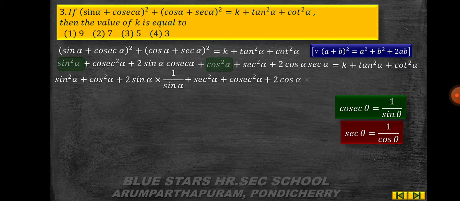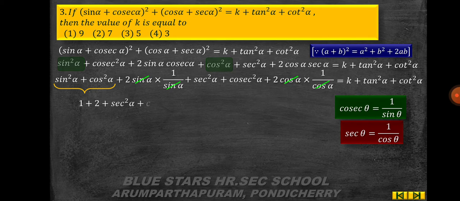Secant alpha is nothing but 1 by cos alpha, so 2 into cos alpha into 1 by cos alpha. Instead of secant alpha, we are writing 1 by cos alpha, which is equal to k plus tan square alpha plus cot square alpha. Then sin alpha gets cancelled, cos alpha gets cancelled.